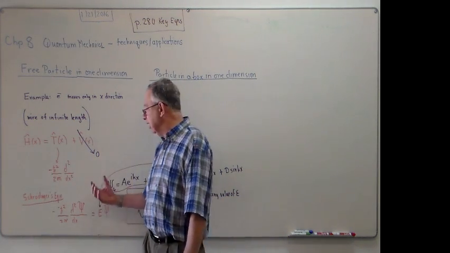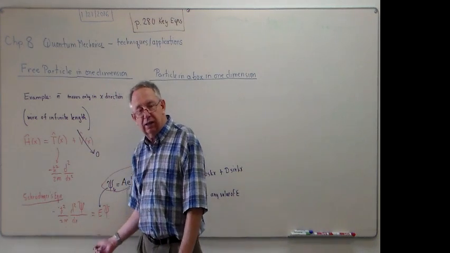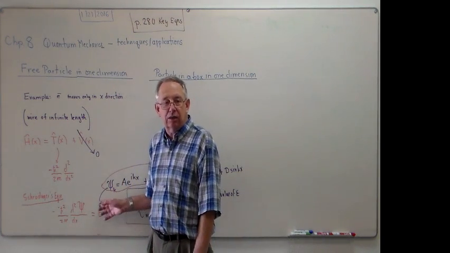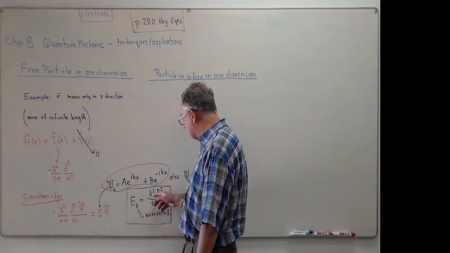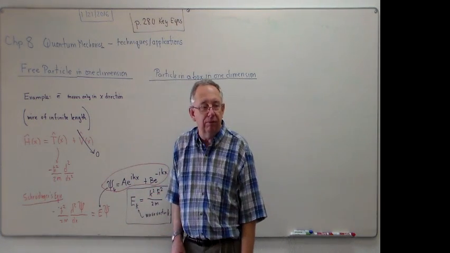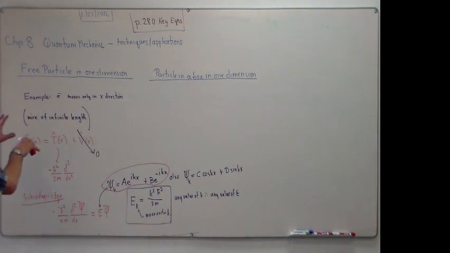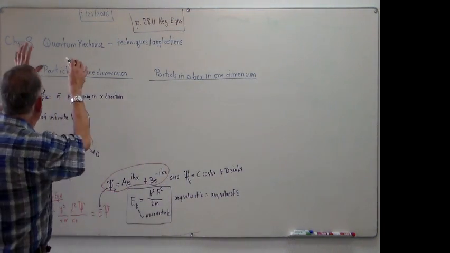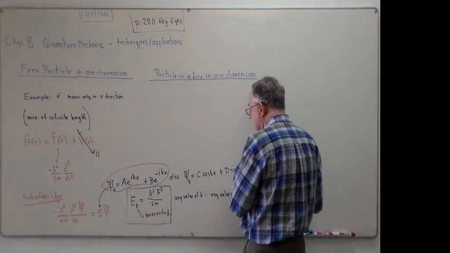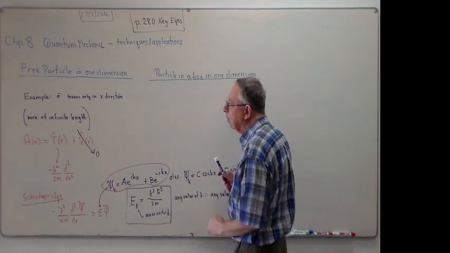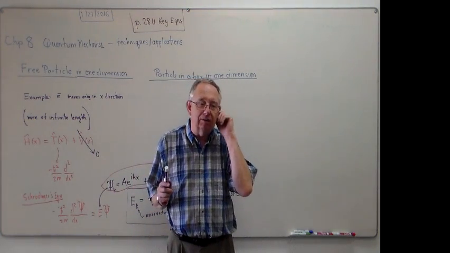You're proving that the second derivative of the function equals a k squared times the function, and when we solve, we'll get k squared h bar squared over 2m. Simple as can be. We've already gone over that, and this is the free particle in one dimension. This particle can go from plus infinity to minus infinity if we want to do it that way.